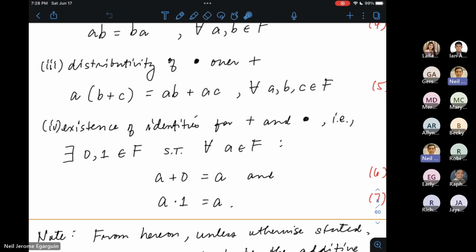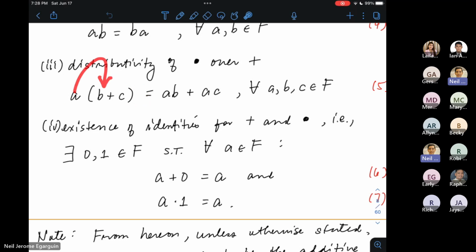So that means you need to multiply an element of F over a sum, right? So it would be A times the answer to B plus C. So to check distributivity, you need to know whether this is equal to A being distributed inside the parentheses governed by the addition.